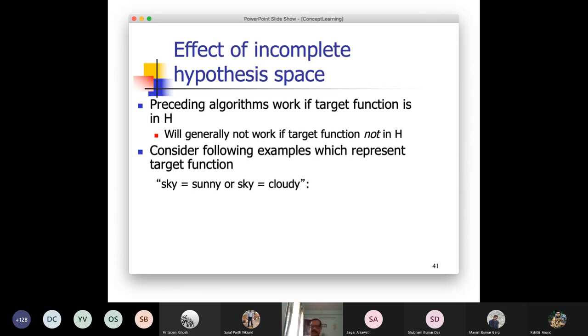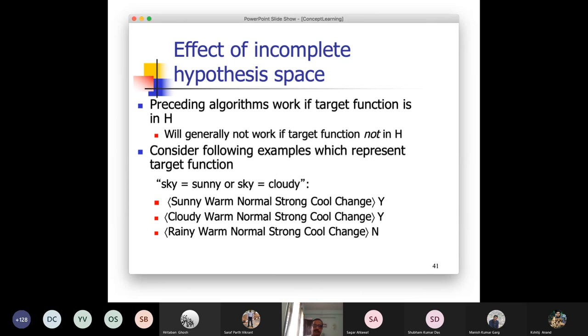We will understand with one example. Suppose you have a target concept like sky equals sunny or sky equals cloudy. Now, you understand that this is difficult. I mean, this is not representable by the hypothesis space.